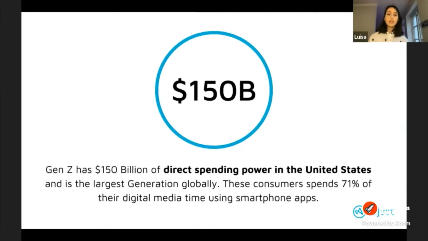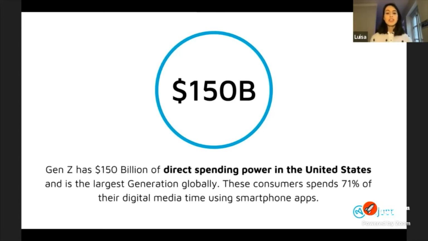And we are also going to see how each one of the generations is dealing with apps and how much time they spend online. Generation Z right now is the largest generation globally. If we want some comparison numbers for spending power in the US, this generation alone has more than 150 billion in direct spending power.